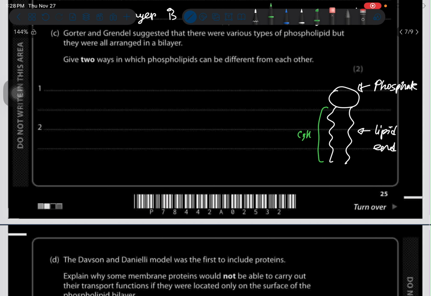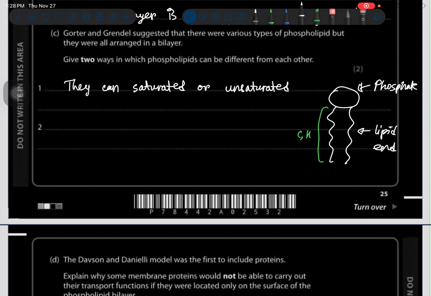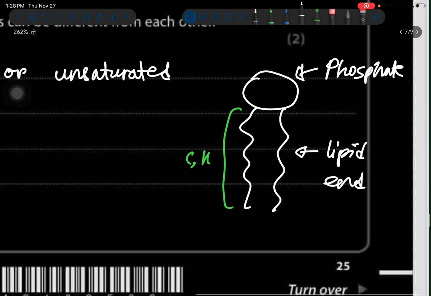So when you have a hydrocarbon chain, you could have saturated or unsaturated hydrocarbon chains, right? You could have different lengths of hydrocarbon chains.